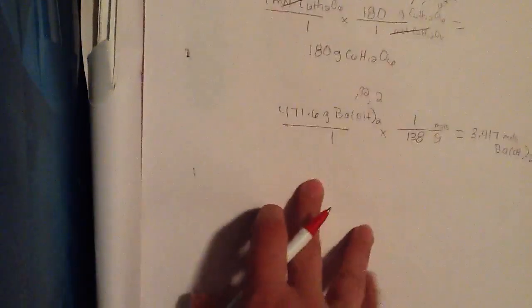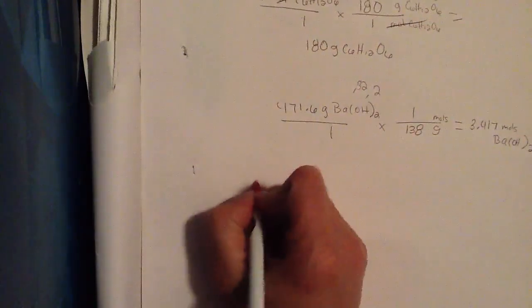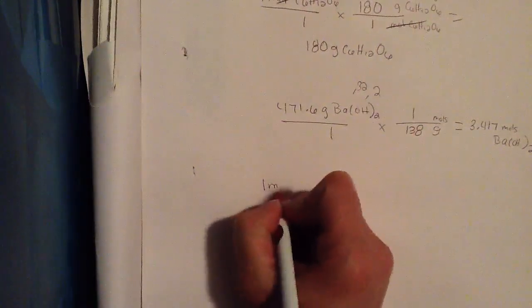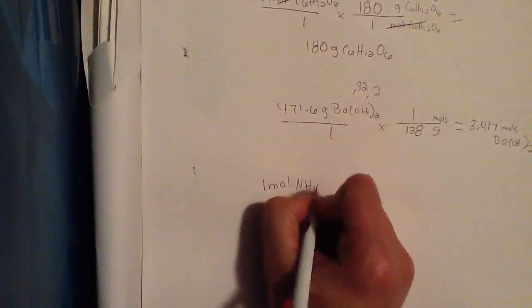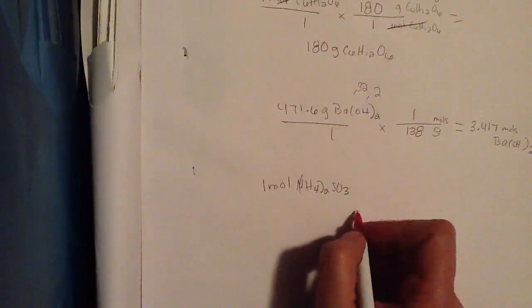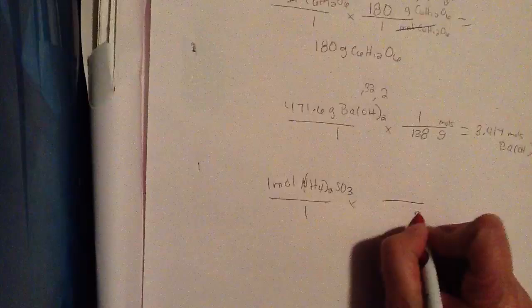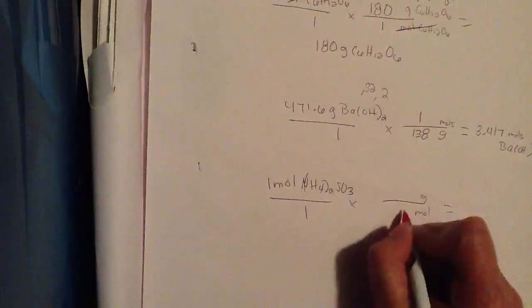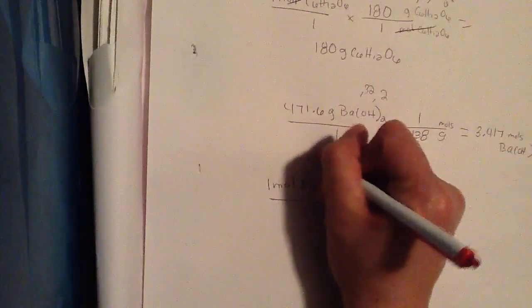Our next question is, how many grams are in 1 mole of NH4 parentheses 2 SO3? So we have 1 mole of NH4 parentheses 2 SO3, and we want to know how many grams it is. So here's another molar mass problem. Mole comes down, go to grams. Let's add this up. We've got 2 nitrogen. Nitrogen's 14, that's 28.